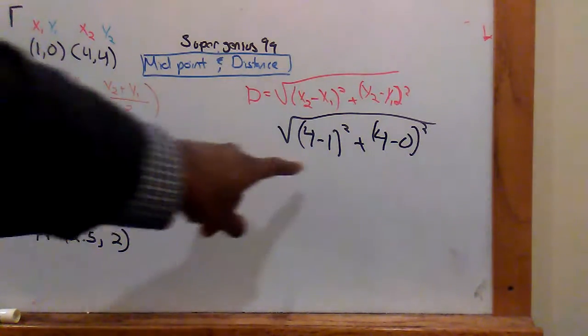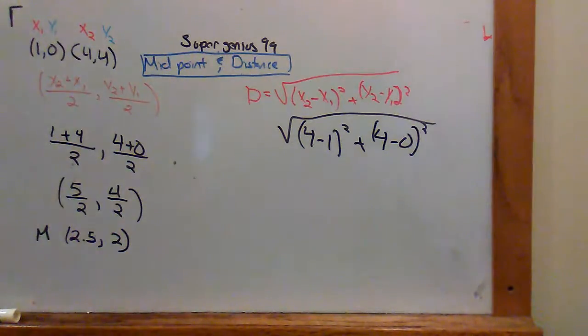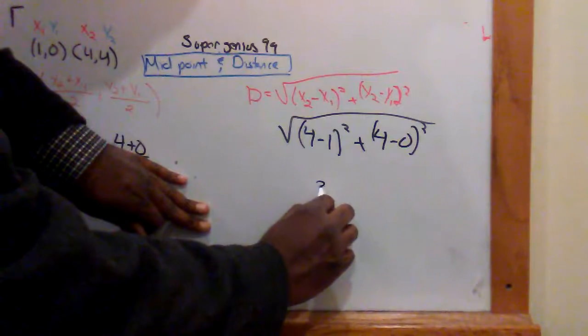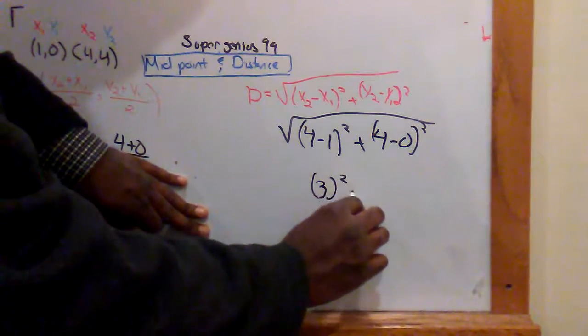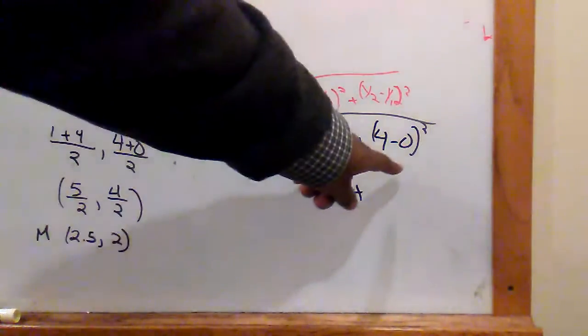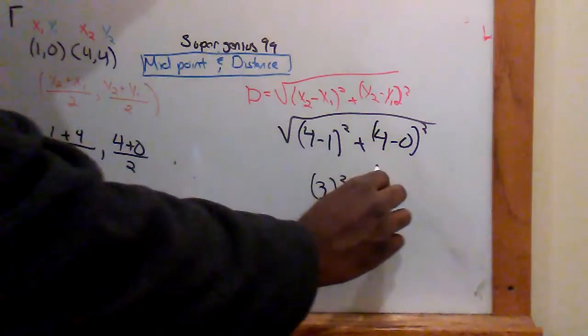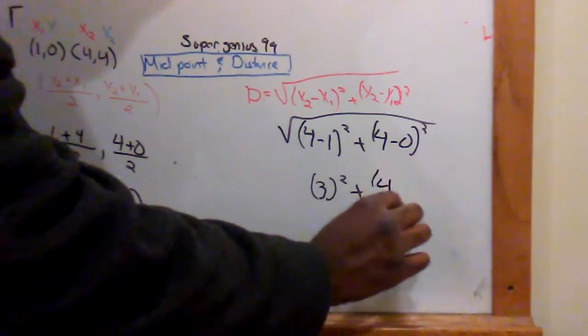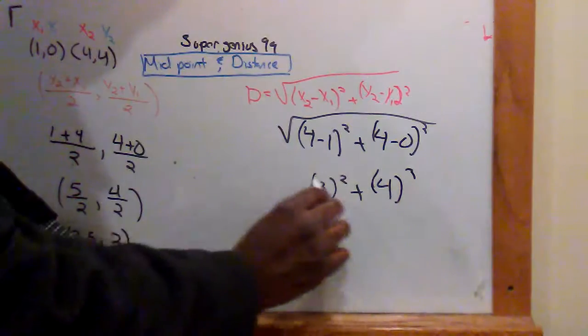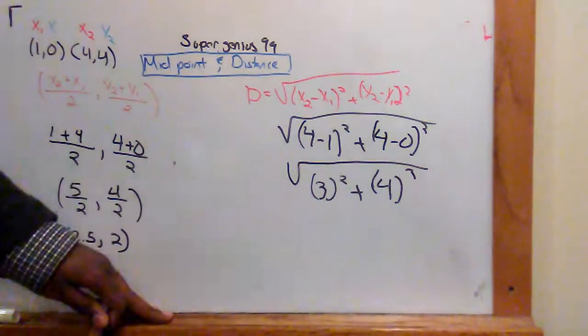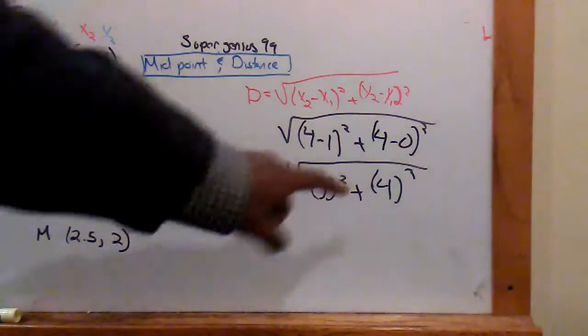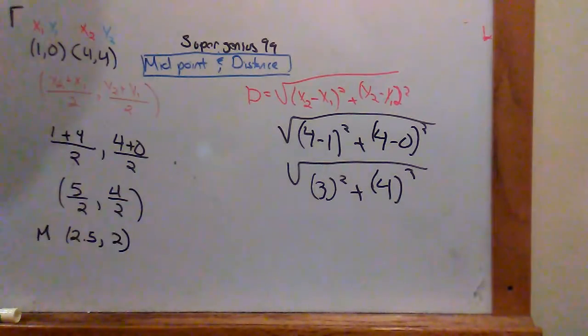All right, so 4 minus 1. And 4 minus 0. Okay, and then 3 squared.